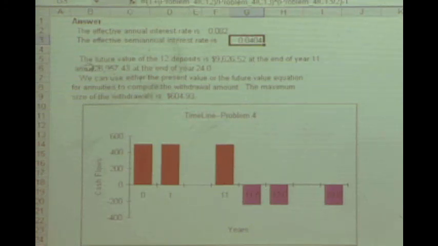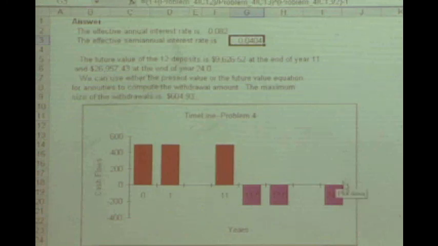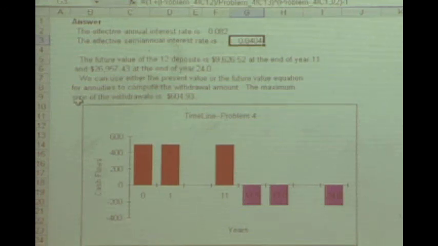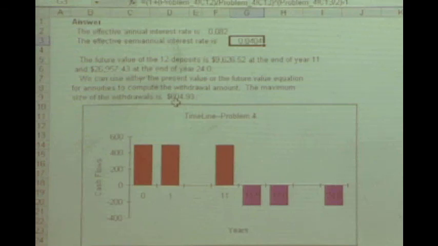So what I did first was find the future value of the 12 deposits at the end of year 11. Then moved it to the end of year 24. And then I used the future value equation to move this annuity to 24, and found that the size of the payments could be as large as $604.